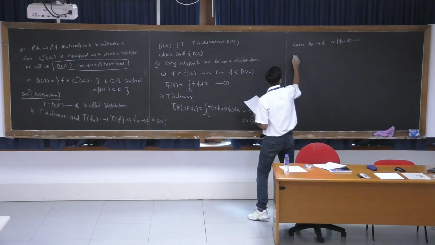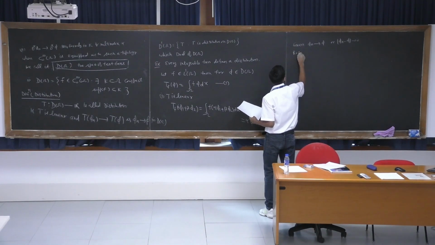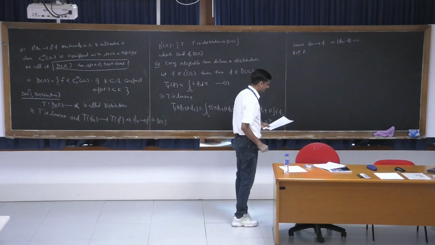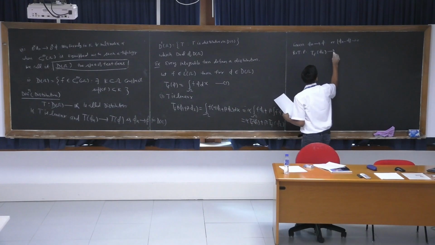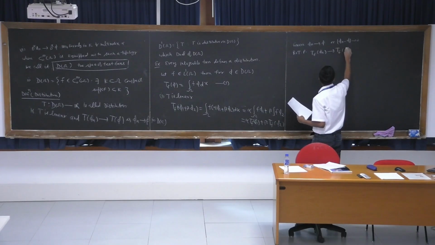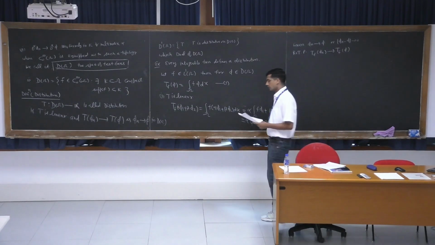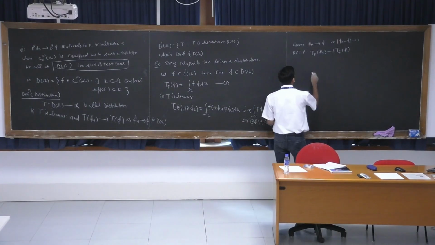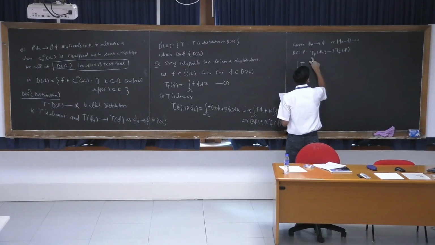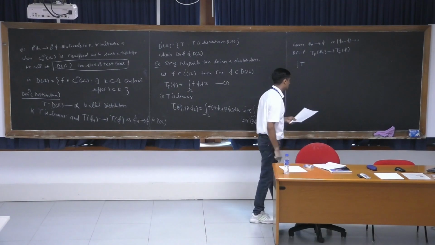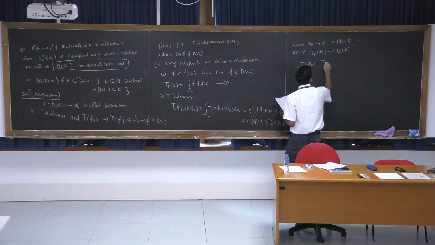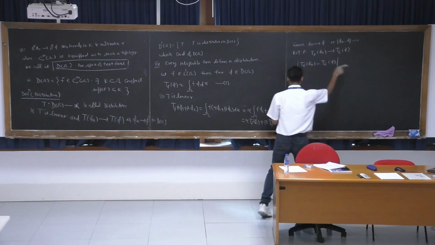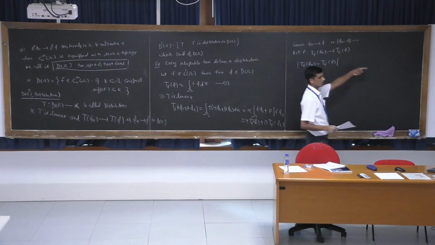Required to prove T f of phi n converges to T f of phi. You can start with the difference of these two, T f of phi n minus T f of phi. You have to prove that this goes to 0.